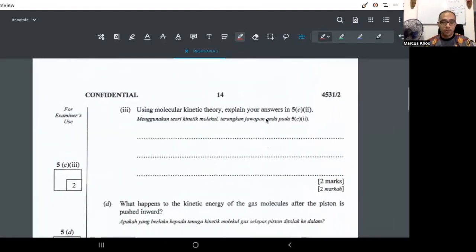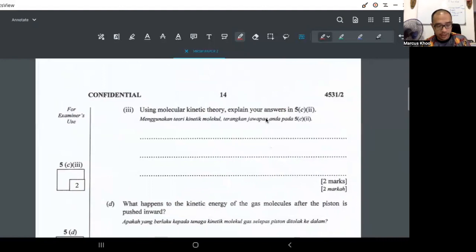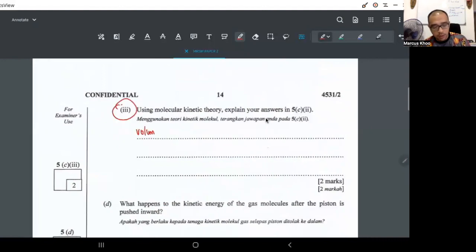Okay, now this is probably the difficult part lah, using molecular kinetic theory. Explain your answers in 5C1, 5C2. Why? Okay, why is it that when the volume increases, the reading decreases? Okay, so we start with this lah. Okay, when the volume increases, okay, the number of molecules per unit volume also increases.